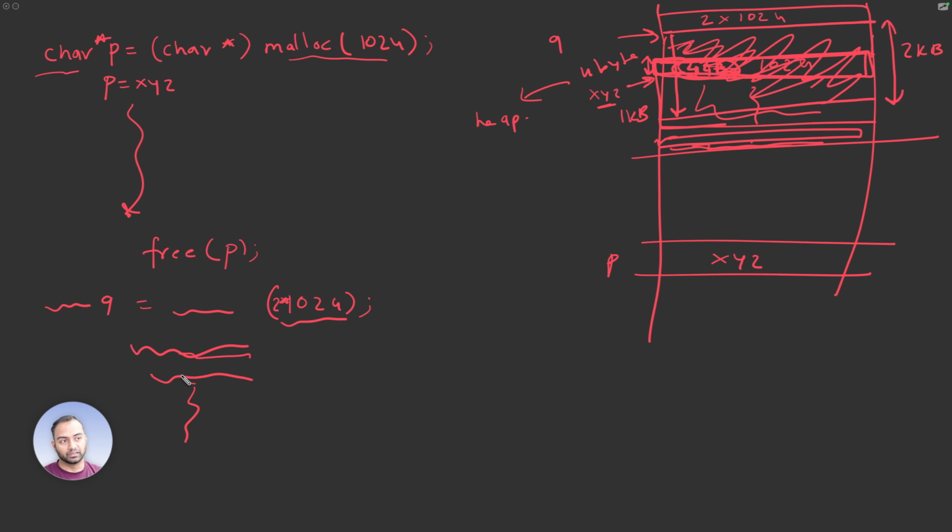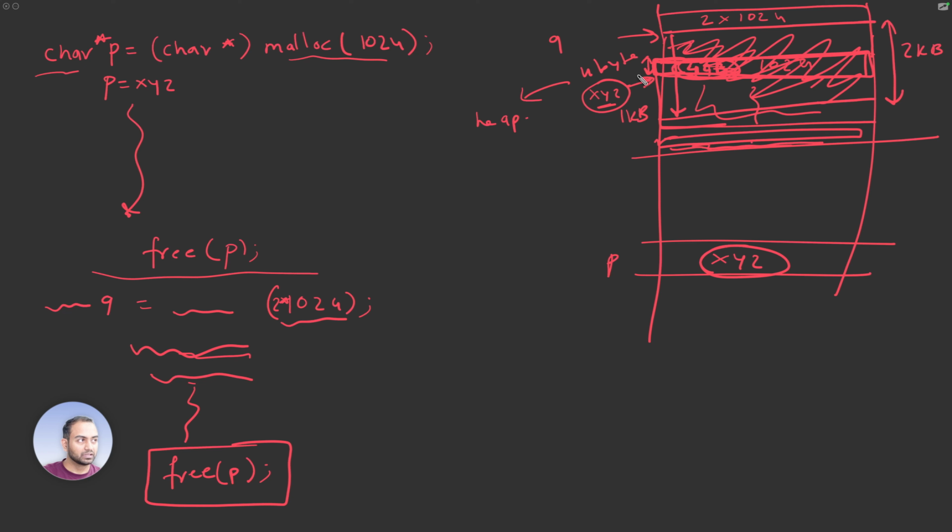Now accidentally, the programmer unknowingly, because code has a lot of lines, people have different things that they're doing, somehow we end up doing a free P again. Now imagine what happens. P is holding XYZ. So we tell the heap allocator, hey, go to the XYZ, step back 4 bytes, and figure out how much you have allocated me.